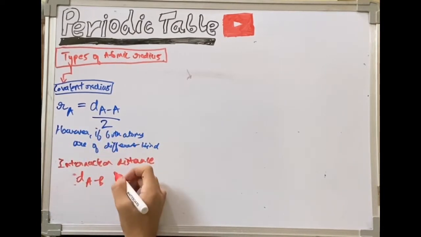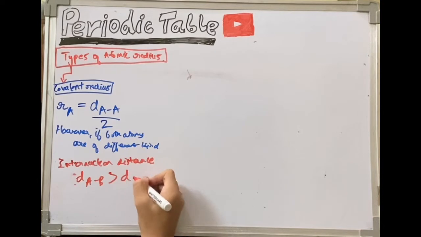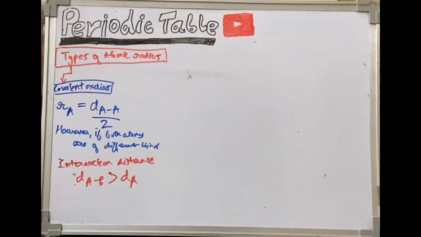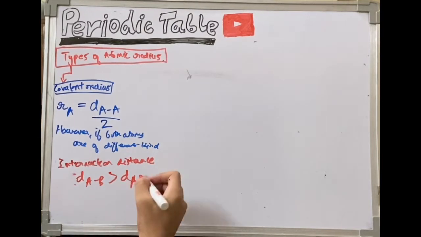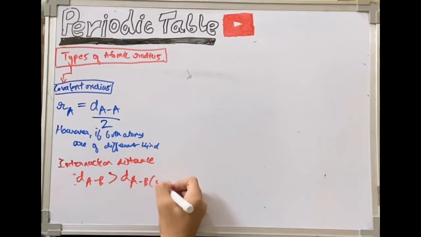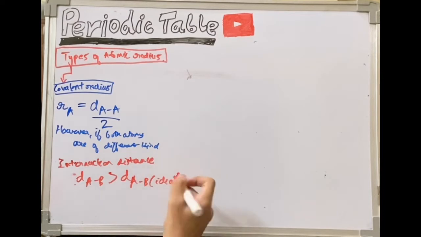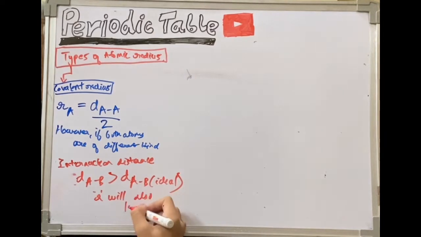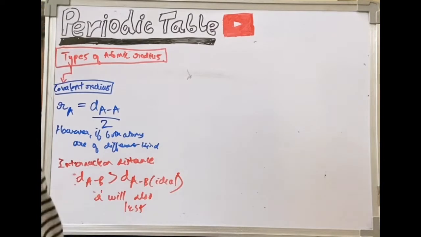So DAB will be less than of D, or ideally how it should be, okay, because of the difference in electronegativities. Ideally, okay, it will be less, and hence radius will be also less. Covalent radius I'm talking about. So it will be comparatively less.